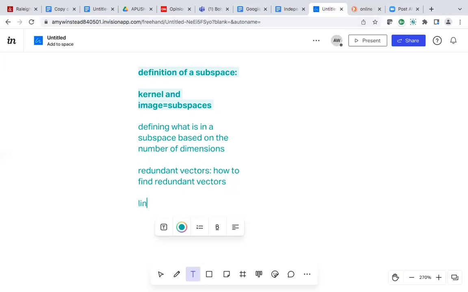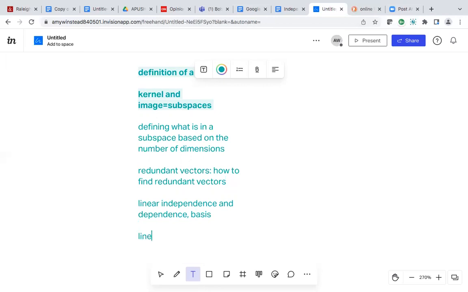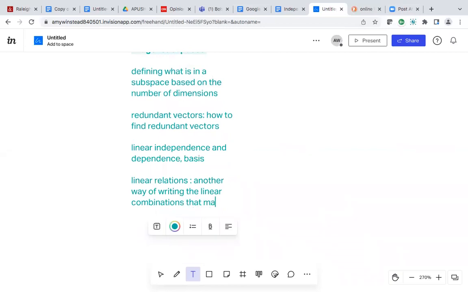From redundant vectors, we moved on to linear independence and dependence, and moved into basis, which of course is based on that because basis relies on both span and being linearly independent. From then we looked at linear relations, which is really another way of writing the linear combinations that make up a redundant vector.